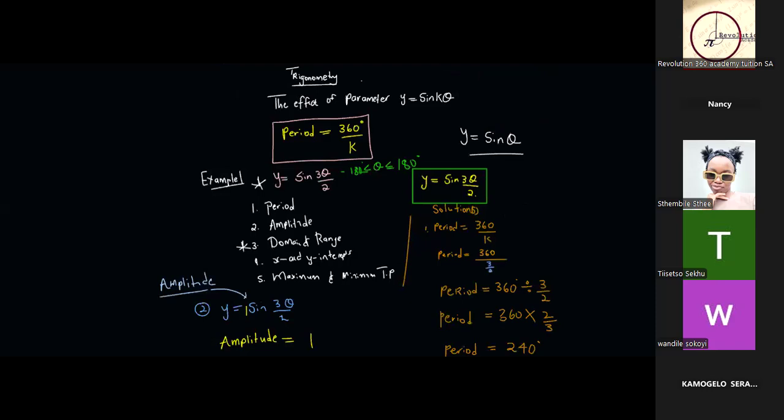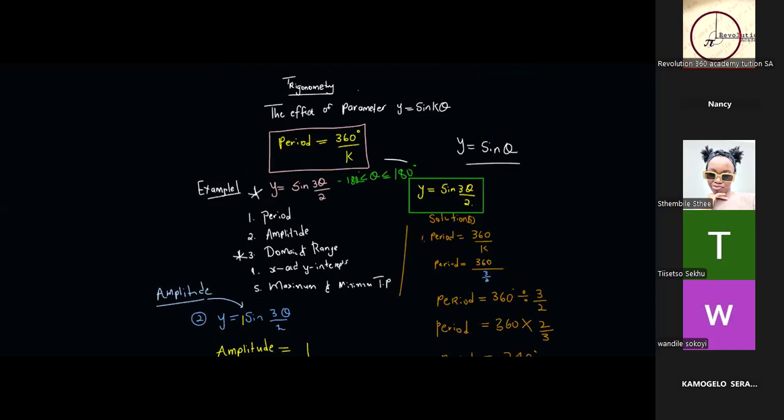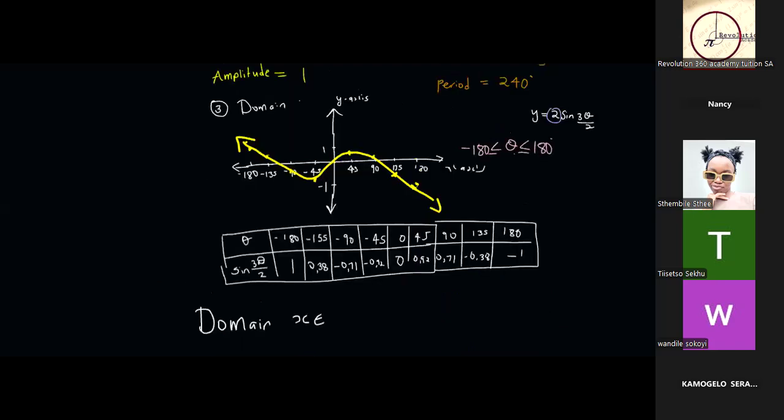What am I trying to say? Let me show you. Since domain is all possible values of x, I'm gonna say x is an element of a bracket, since I know that it starts here at negative 180, 100% correct, comma, then it ends at 180. I'm gonna write it like this. Am I right writing it like that?